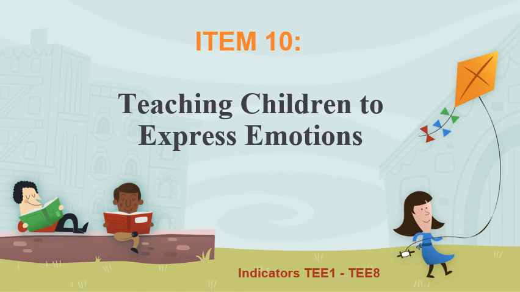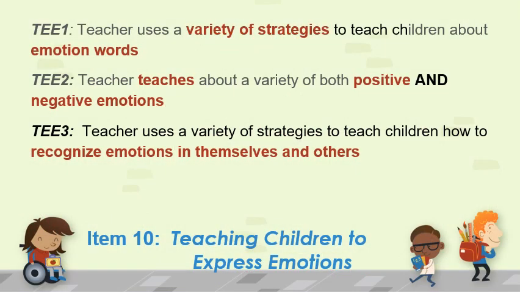Item 10. Teaching children to express emotions has 8 indicators. Indicator 1, TEE1. Teacher uses a variety of strategies to teach children about emotion words.